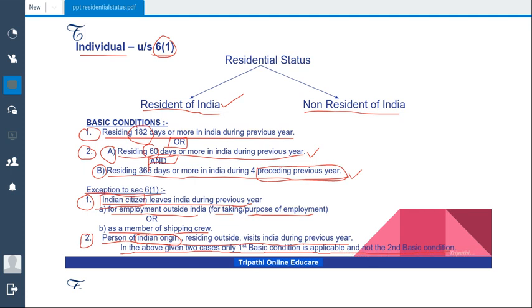You will not get the option of the second basic condition. That means if you want to become resident of India, you must stay in India for a minimum period of 182 days. Why? Because you are following an exception, you will not get the option of the second basic condition, that is 60 days in the previous year and 365 days in the four preceding previous years.